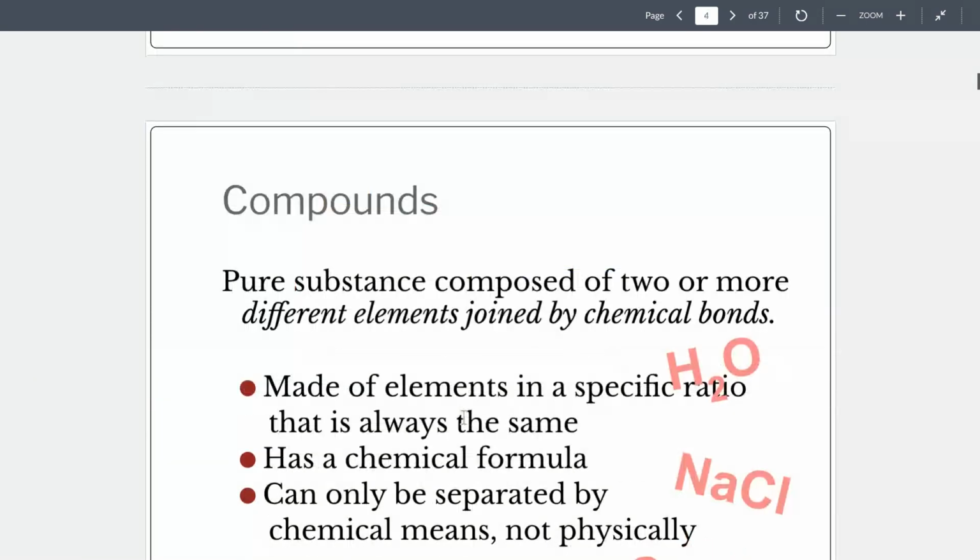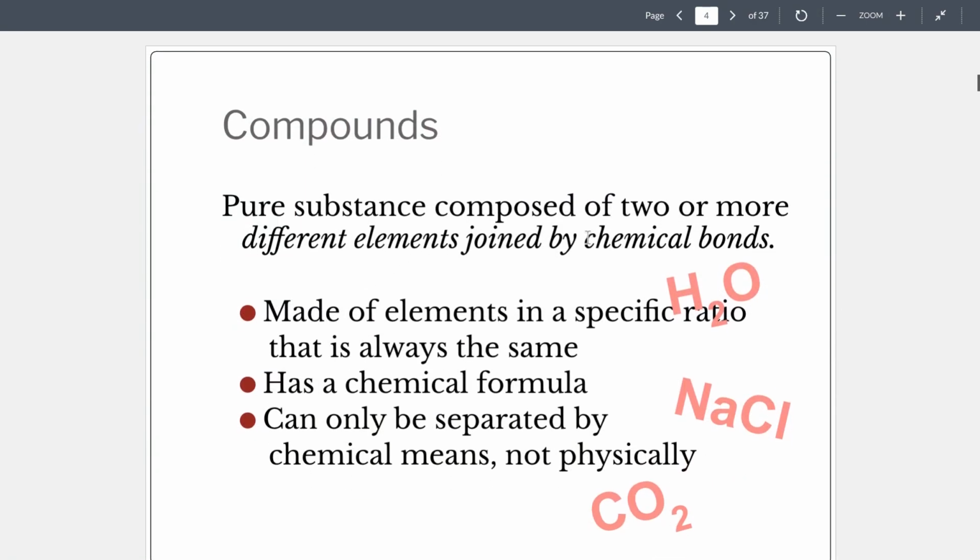Okay, so a compound is a pure substance. Like I said, it could be H2O, composed of two or more different elements joined by chemical bonds. Okay? Chemical bonds are like what's holding these H's and this O together. It's always the same. Water is always H2O.